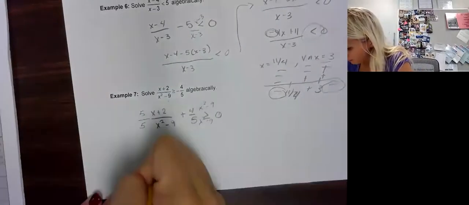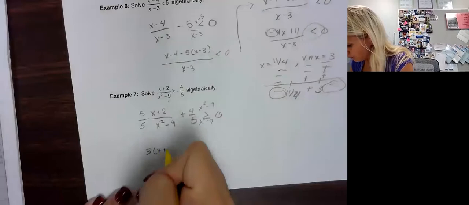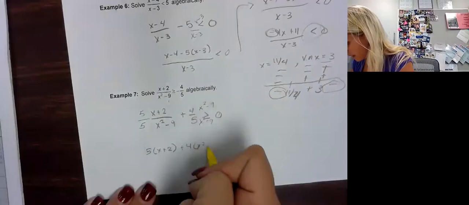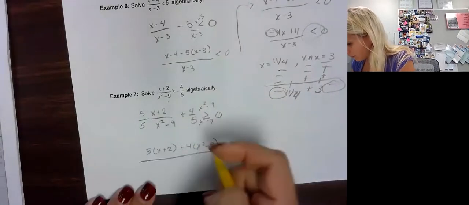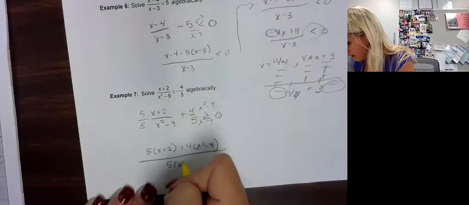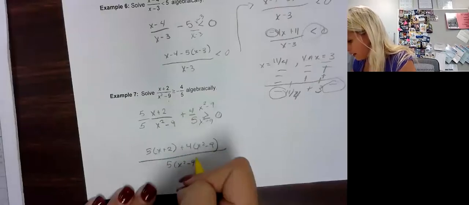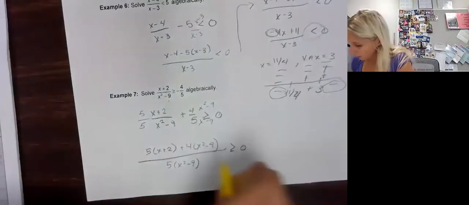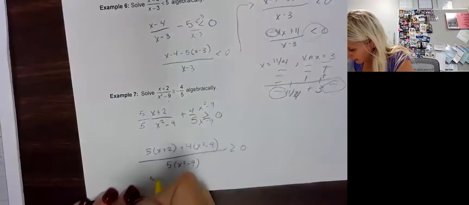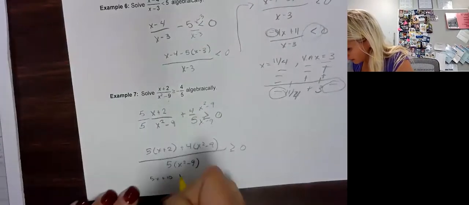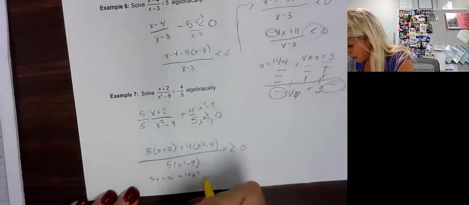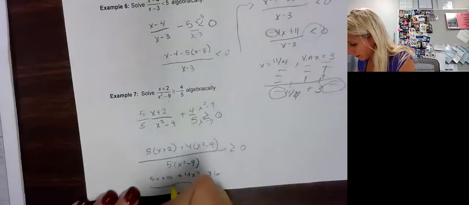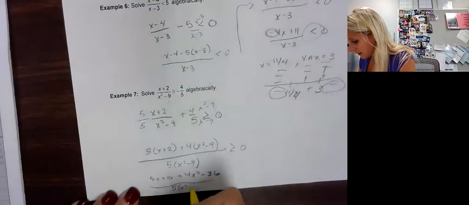So I have 5 times x plus 2 plus 4 times x squared minus 9 all over 5 times x squared minus 9, and that's greater than or equal to 0. All right, distribute. We have 5x plus 10 plus 4x squared minus 36 all over this 5 times x squared minus 9.